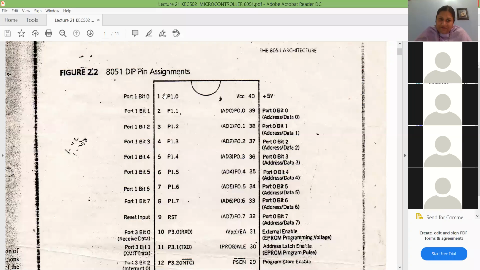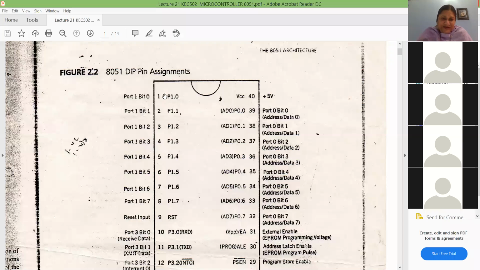There is no difference between 8051 and 8052 as far as instructions and the pin diagram are concerned. You can easily replace 8051 with 8052 if 8051 is not available in the market.